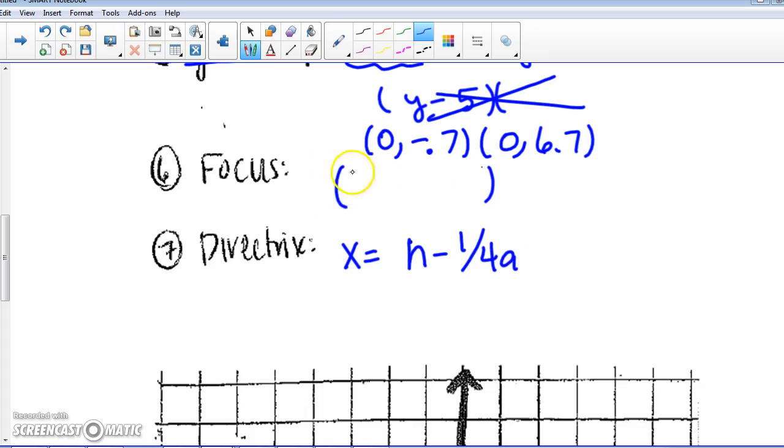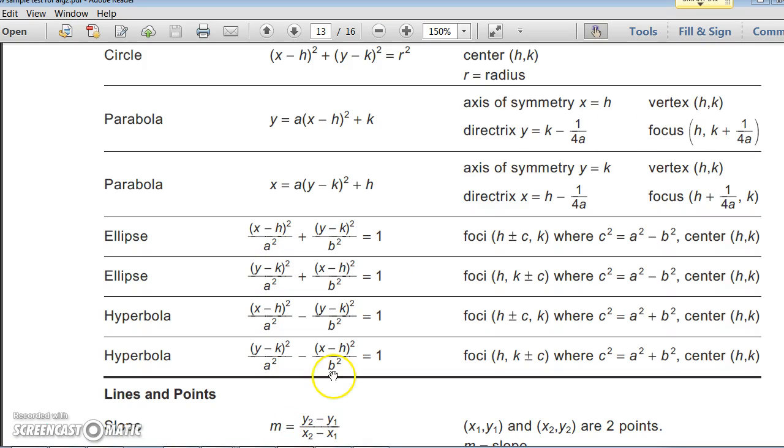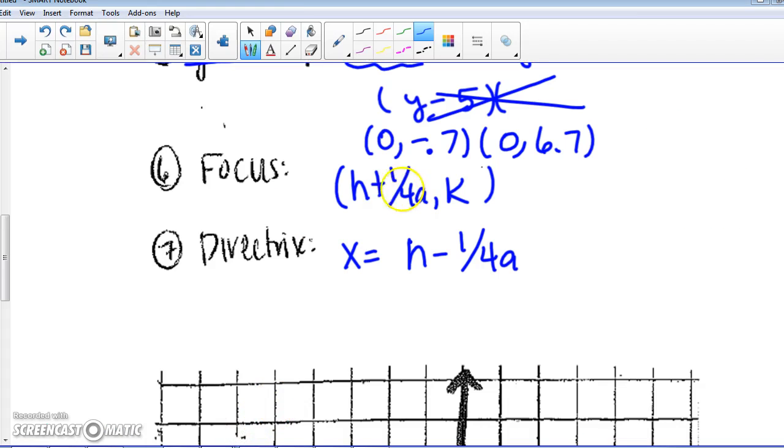And our focus is h plus 1 over 4a, comma k.